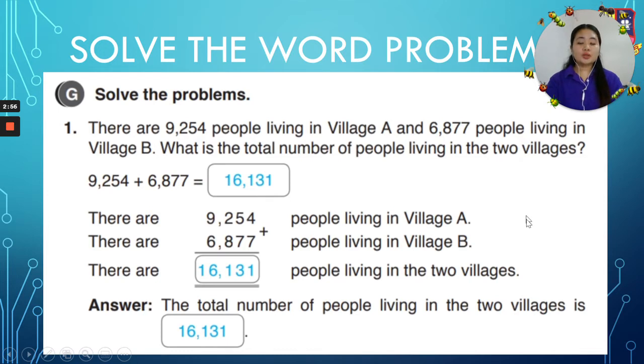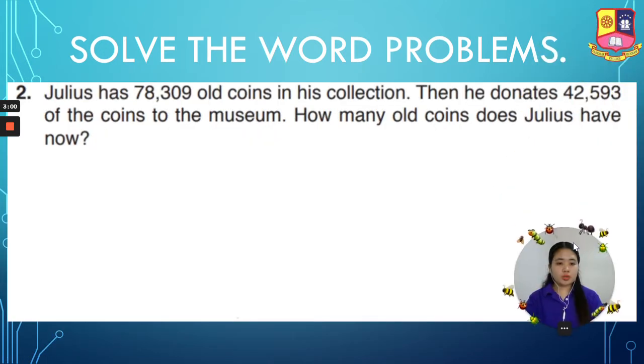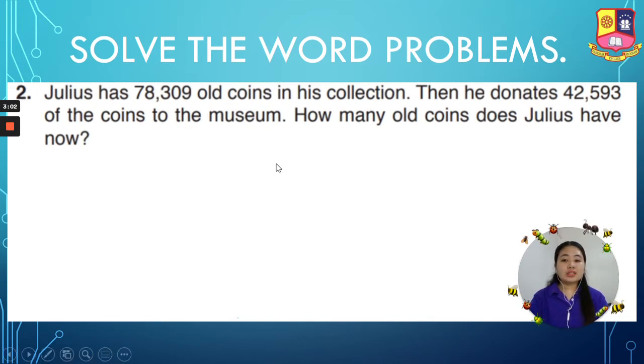Let's go now to number 2. Julius has 78,309 old coins in his collection. Then he donates 42,593 of the coins to the museum. How many old coins does Julius have now? Julius has 78,309 coins.